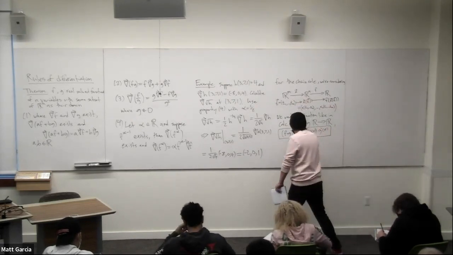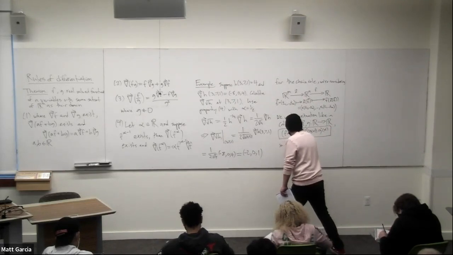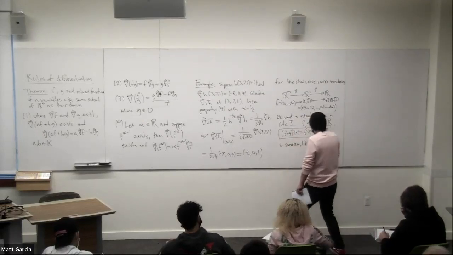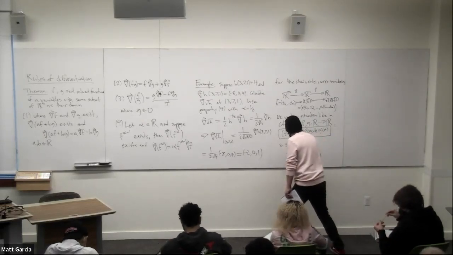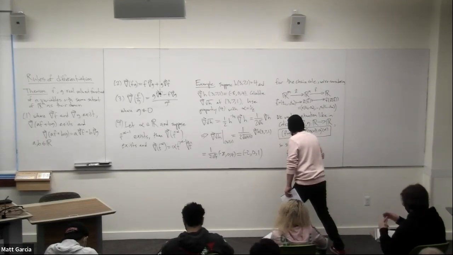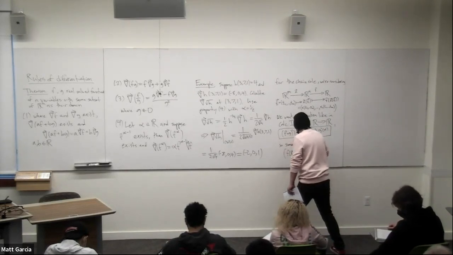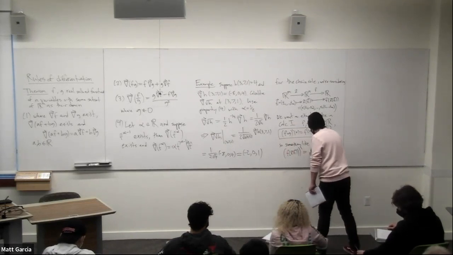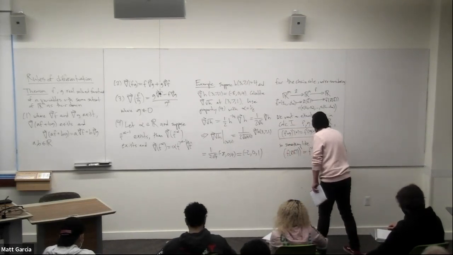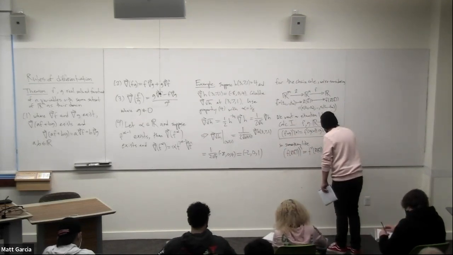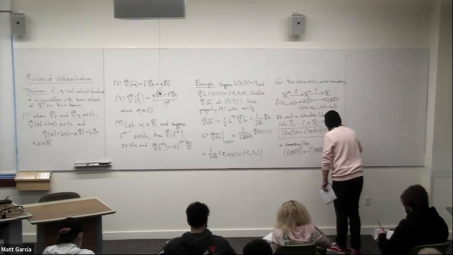That is to say, something like f of x hat of t hat, prime, is equal to f prime of x hat of t hat times x hat prime of t hat.